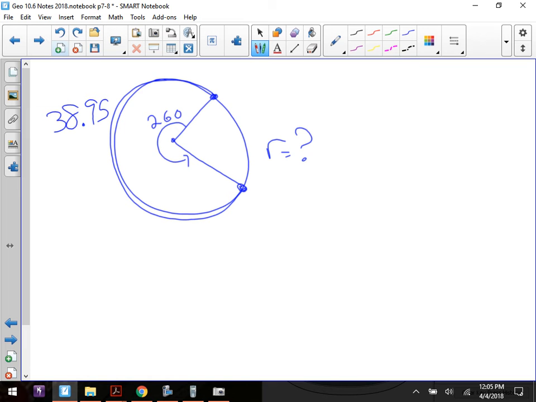So what I tried to draw here was that I'm looking at that 260-degree angle going around, so it's like a larger than 180-degree angle. So that's why I drew that little arrow. That 260 is my central angle. I also darkened in the larger part of the circumference that we're working with.